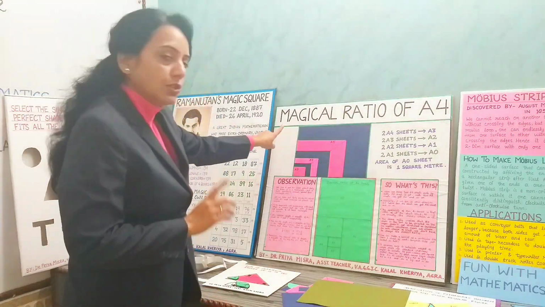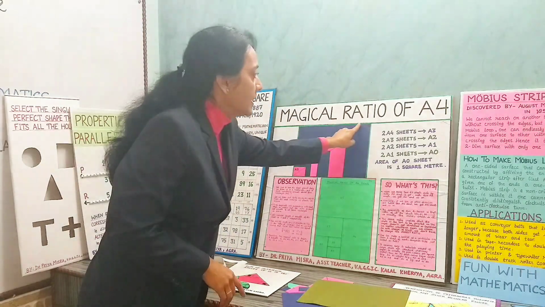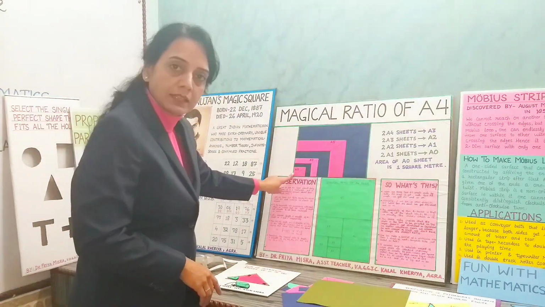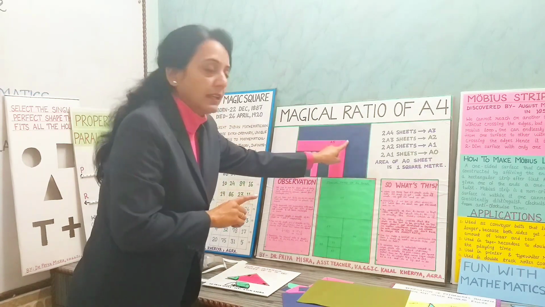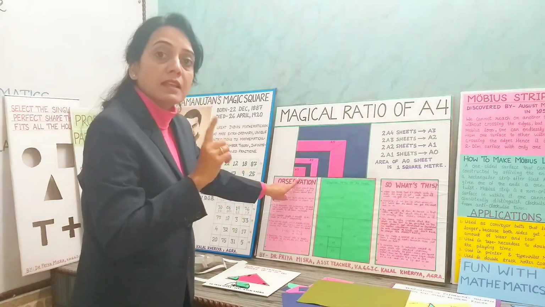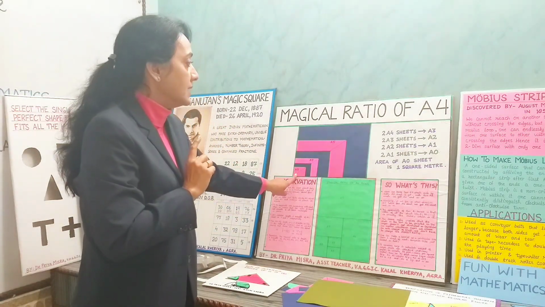Now this shows that the ratio of length and breadth of all the rectangles is the same. That is the beauty inside it.